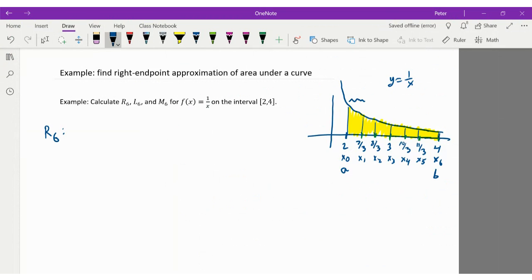In this case, you can see that it's 1/3. So where do we get that from? We take B minus A and divide it by the total number of subintervals, and that gives us the width of the subinterval. In this case, that's 4 minus 2 over 6 subintervals, which is 2 over 6, equals 1/3.